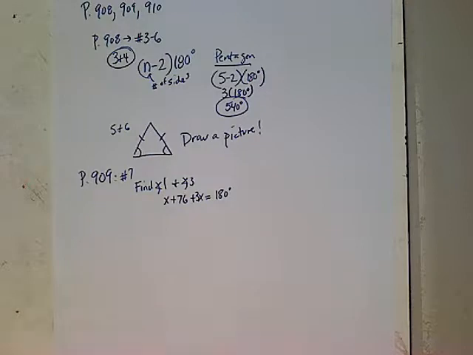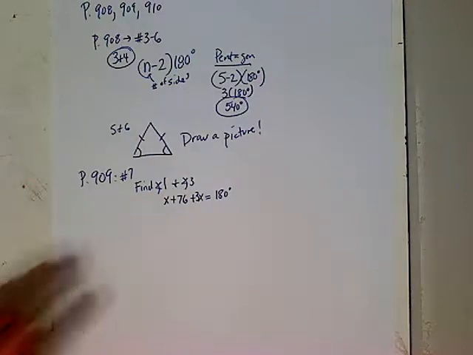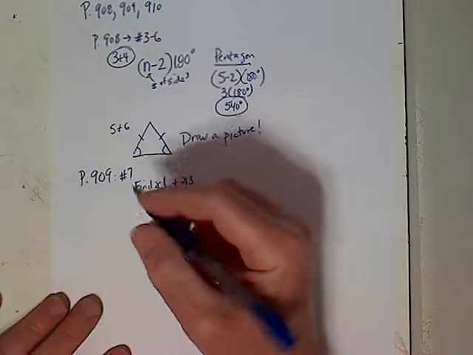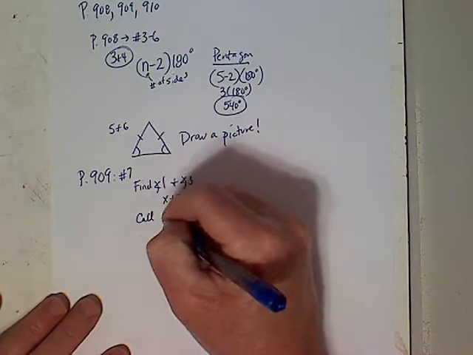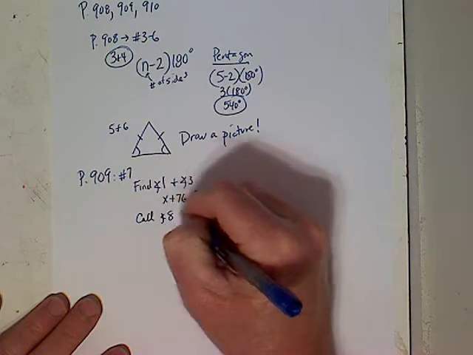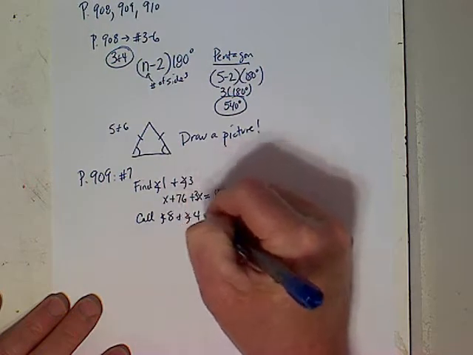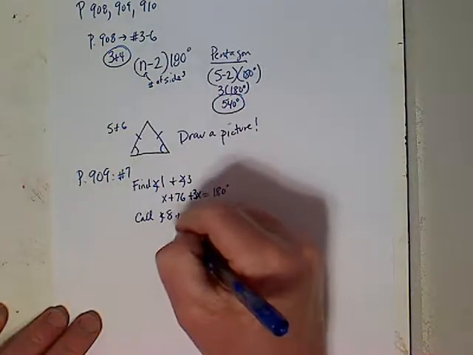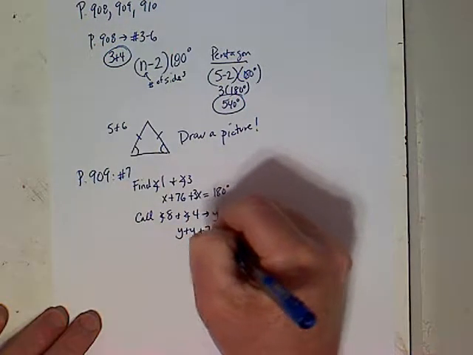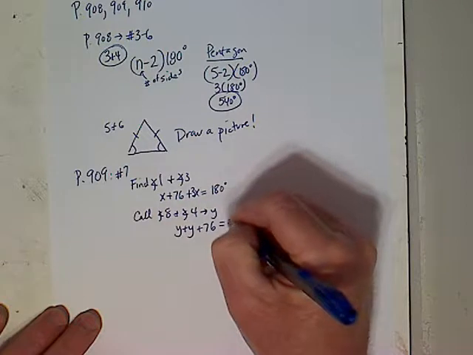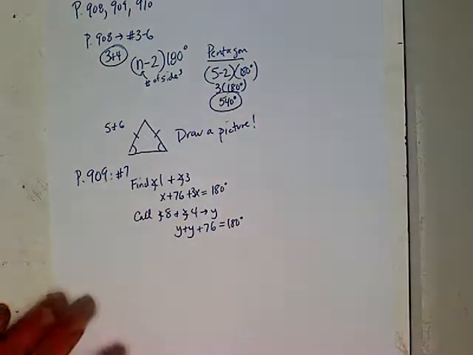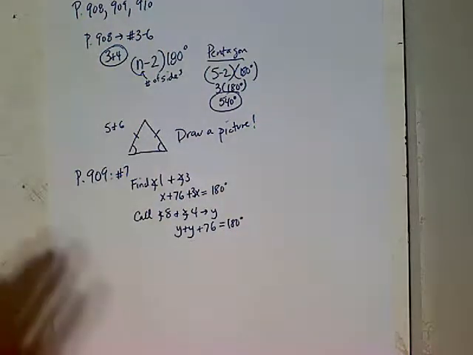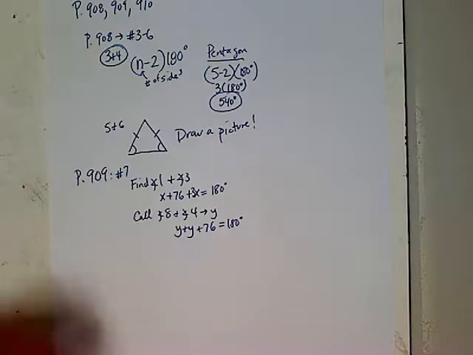Maybe label some things in the picture. That's going to help you out. Now, call angle 8 and angle 4 y, and they must be the same. So you've got y plus 76 should equal 180. You should be able to find all the other angles mostly from there.